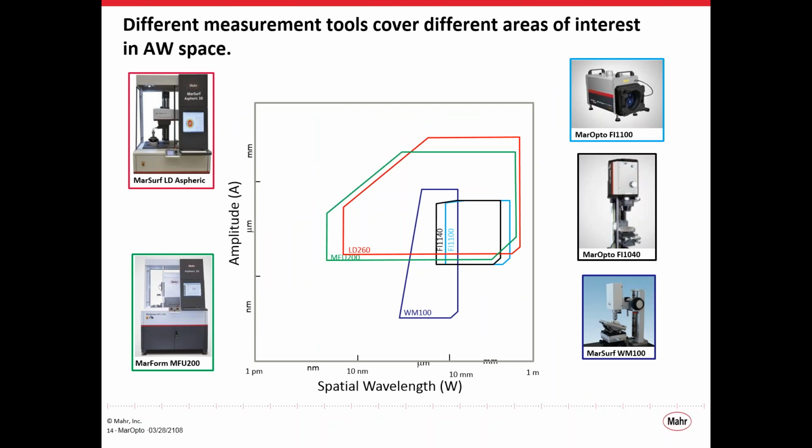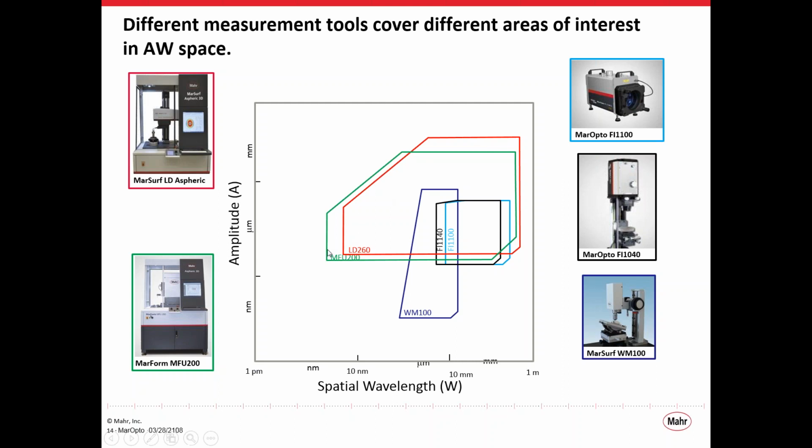So the idea of the Steadman diagram is that different instruments will be able to cover different areas of this parameter space. For example, here are some of the surface profiling instruments in the Mahr Opto portfolio. We have mechanical profilers such as the MarSurf LD Aspheric and the Freeform MFU 200, and those can cover a very large area in this parameter space.